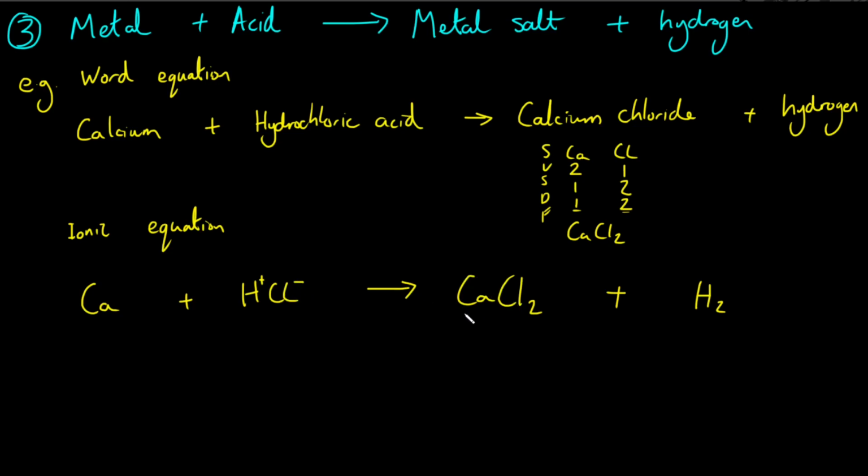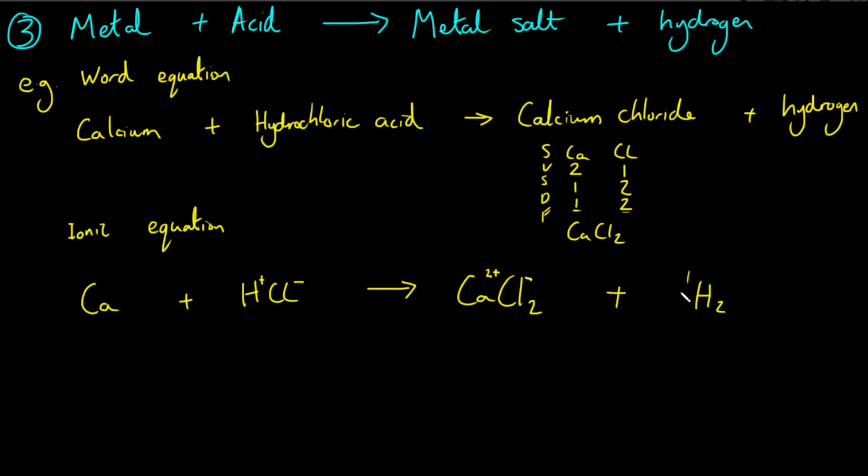Over on this side, I've got a metal, calcium, and a non-metal, chlorine. Calcium is in group 2, so its charge is 2+ because it's a metal. Chlorine, well, each chlorine has a charge of 1-, and there's 2 of them, so that would give me a total of 2-, which would cancel out the 2+. So my ionic formula, Ca2+, Cl- 2, and that's also producing hydrogen in this reaction.